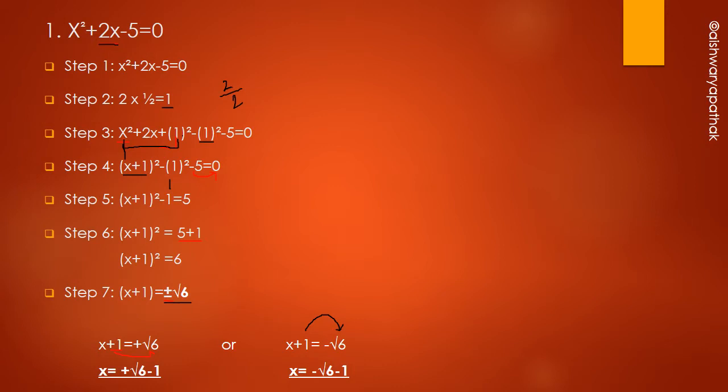Here it is x square, so take 1x from here, and then whatever answer you got from multiplying with half, here it is 1, you will take it once. So here x plus 1 and their whole square.